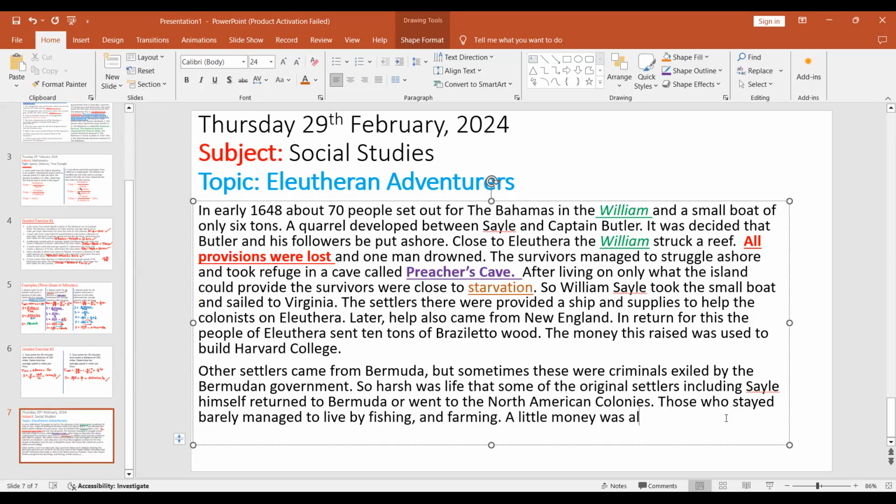A little money was also made from wood, ambergris, and the occasional shipwreck. For a shipwreck, whatever is inside the ship you take, right? They might have supplies, goods, a lot of stuff.